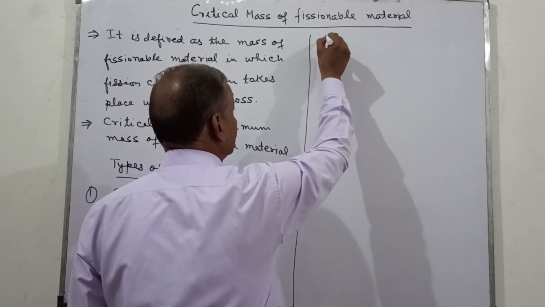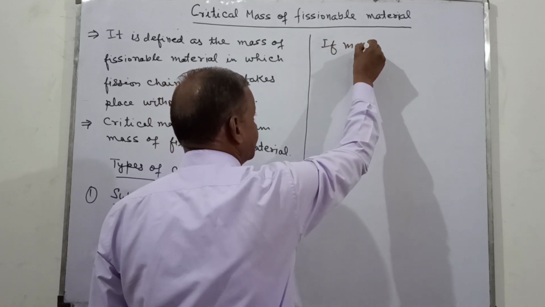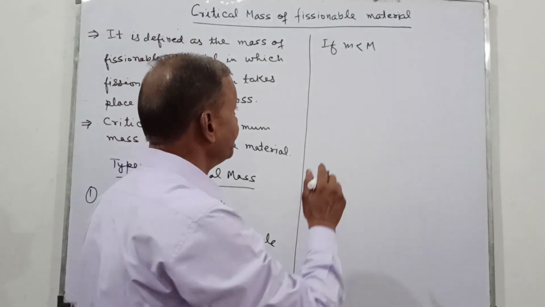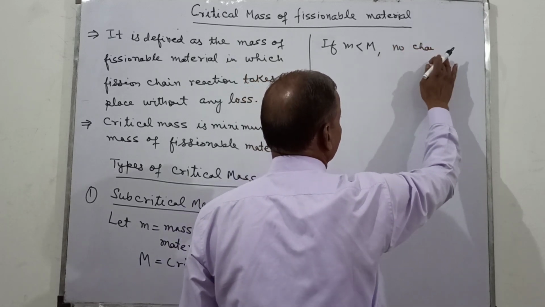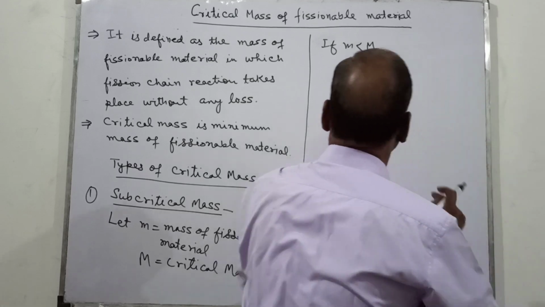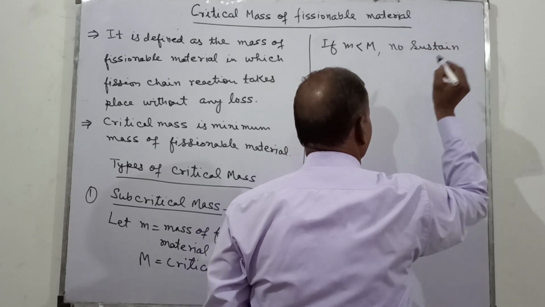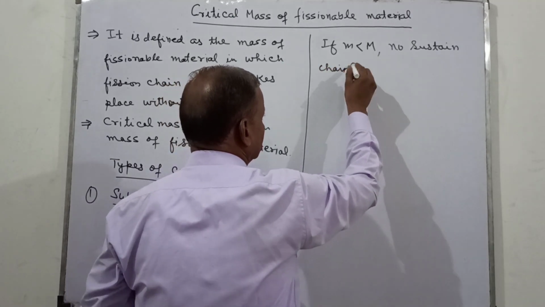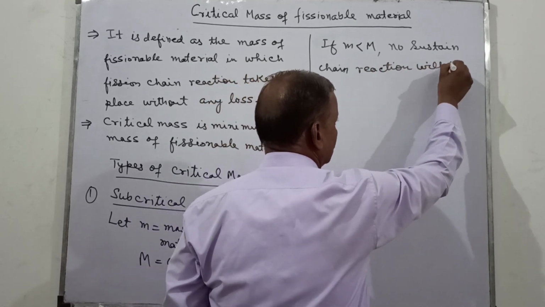So if m is less than capital M, the mass of the fissionable material is less than the critical mass, no sustained chain reaction will take place.